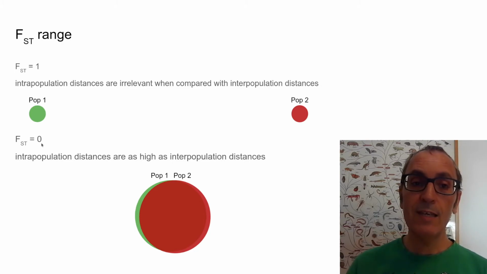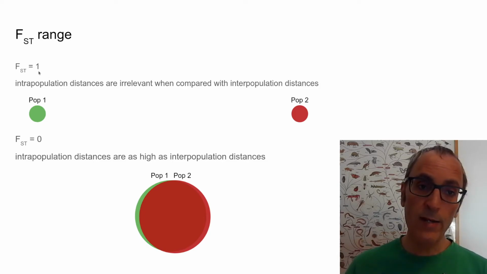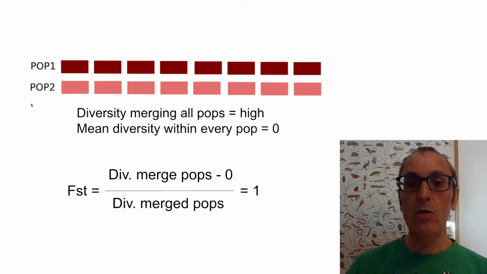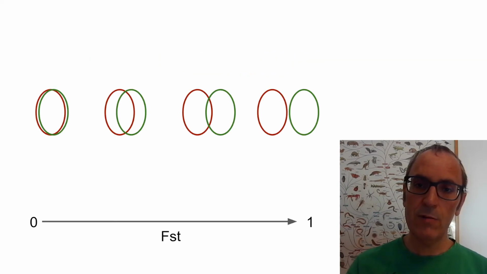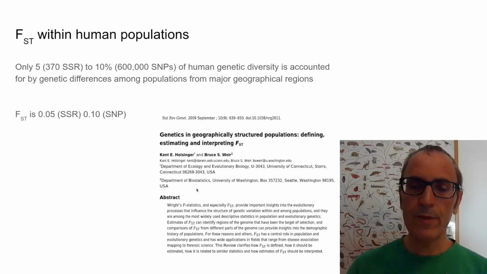So FST can go from 0 to 1. 0 would be these two populations are almost the same in terms of diversity, and 1, these two populations are very different. Okay, this is the example that I have been talking about. And you can have all the spectrum between 0 and 1.